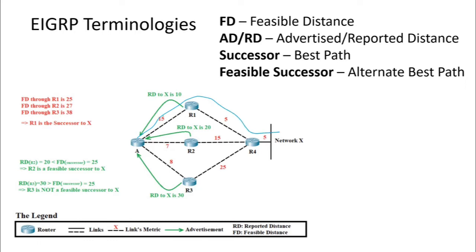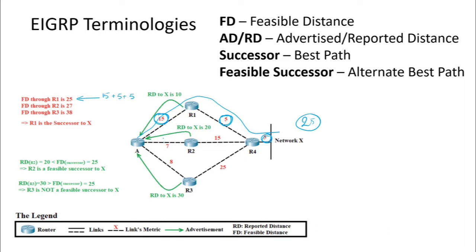The total cost is 15 plus 5 plus 5, that is 25, right? So that's why they say the FD through R1 is 25. Why? Because we have to add the total cost to the destination, so 15 plus 5 plus 5, right?